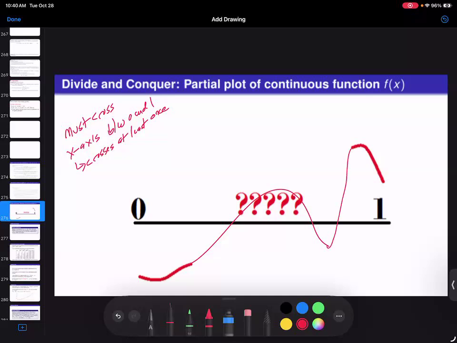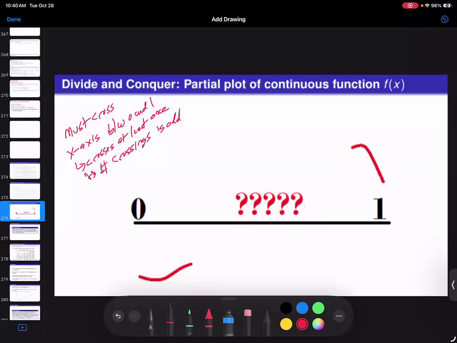So what do you know about the number of crossings? It's odd. So if I give you a continuous function, and it's negative at one point and positive at another, then we know there have to be an odd number of crossings.